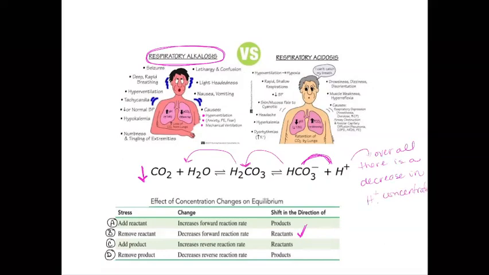And whenever we have a reduction in H plus concentration, it results in an increase of pH. So that's why this is called respiratory alkalosis.